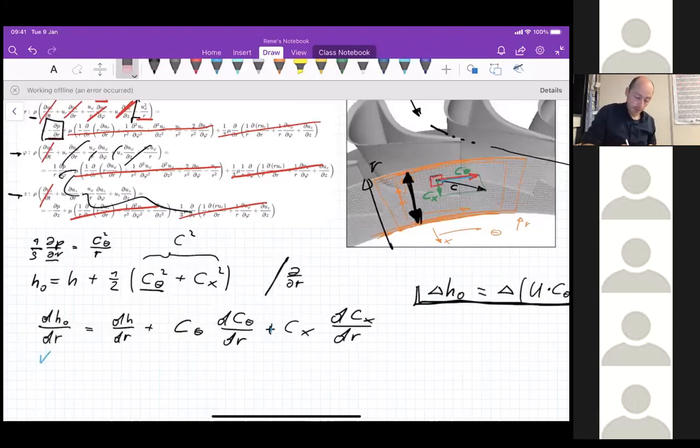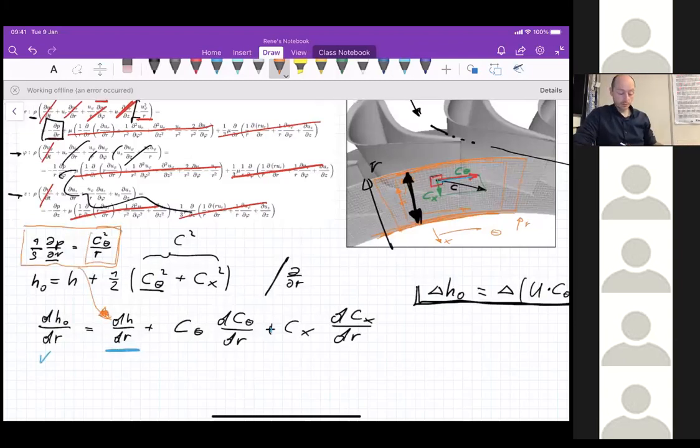But you can see that I have also this here, dh/dr. This is the static enthalpy. How does the static enthalpy change as a function of r? And that I would like to replace now with this equation that I have here, because this is already C theta and r here. I have C theta and r, and I have the pressure gradient and the enthalpy gradient. So maybe I can use this equation somehow to replace my dh/dr. Do you have some ideas on how I would do that?